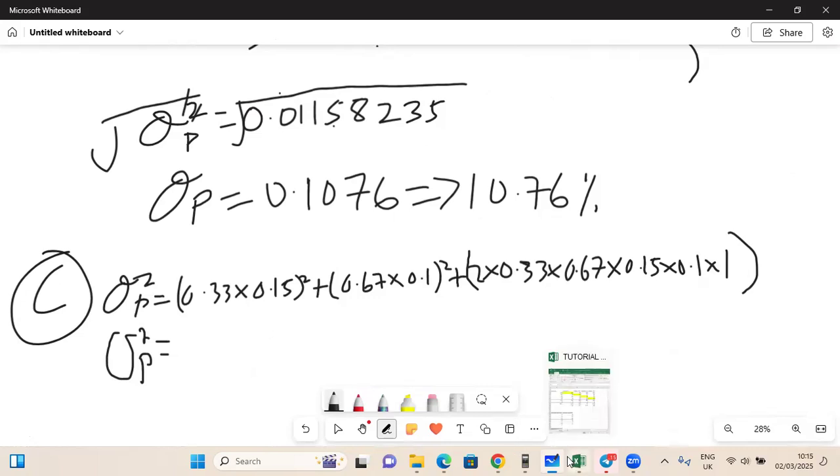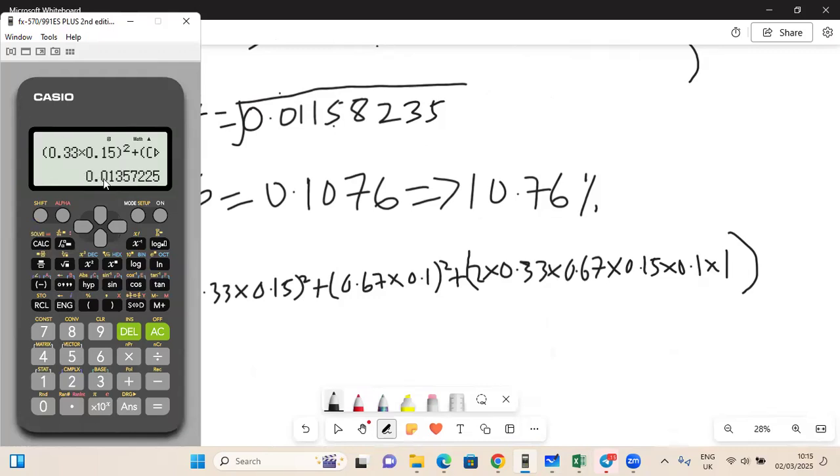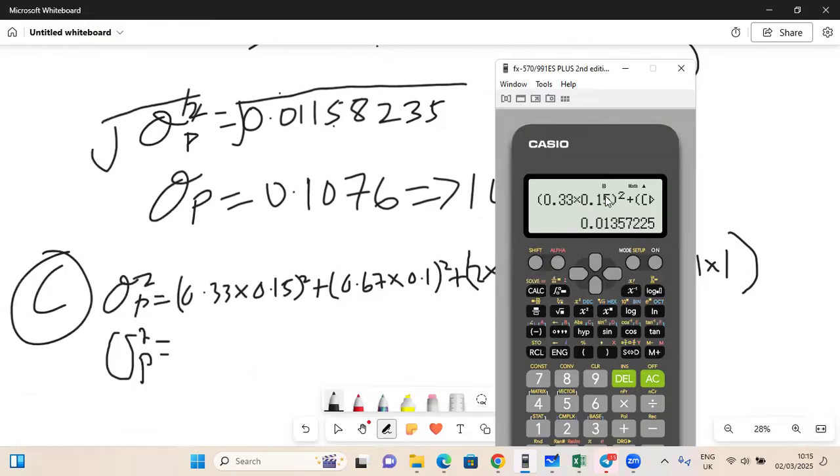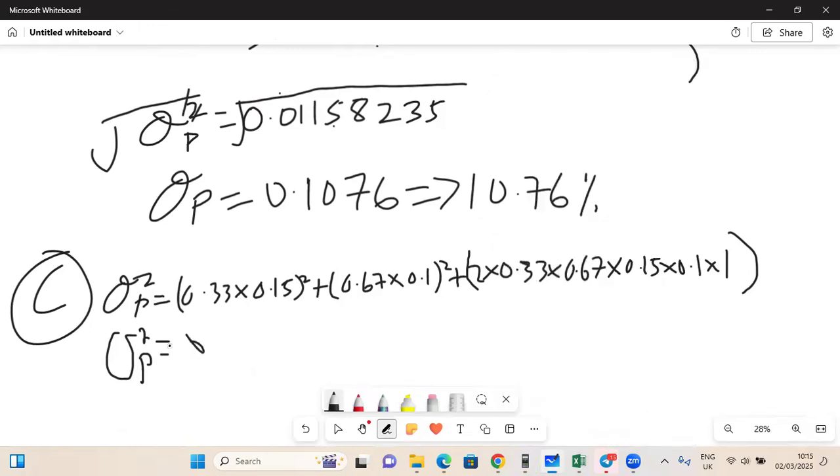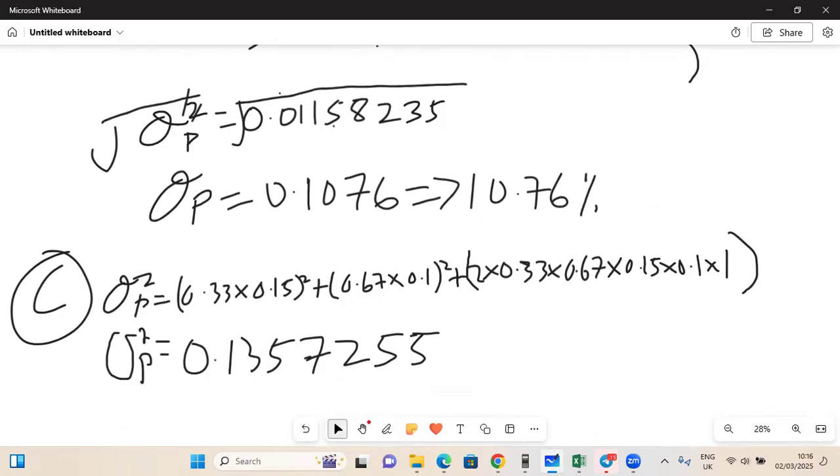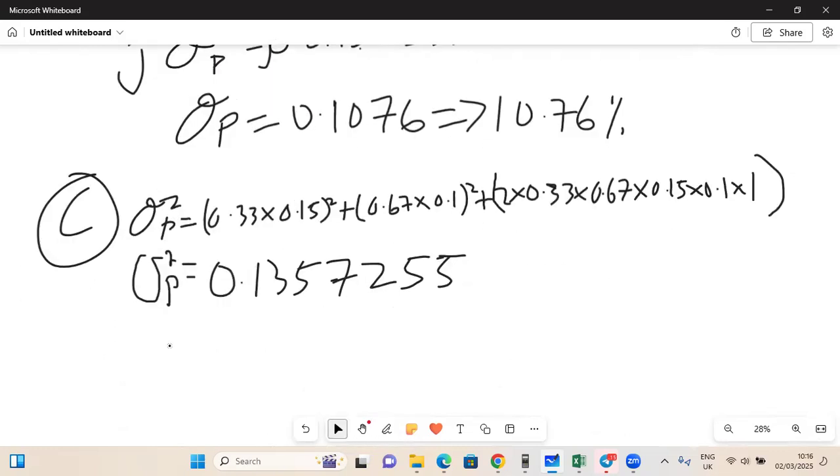Now, it's going to be like this. 0.1357255. That's the variance. But we want to get the standard deviation of the portfolio.